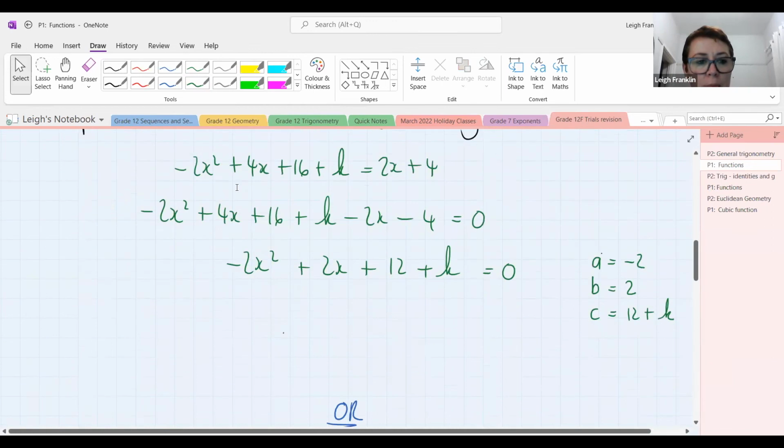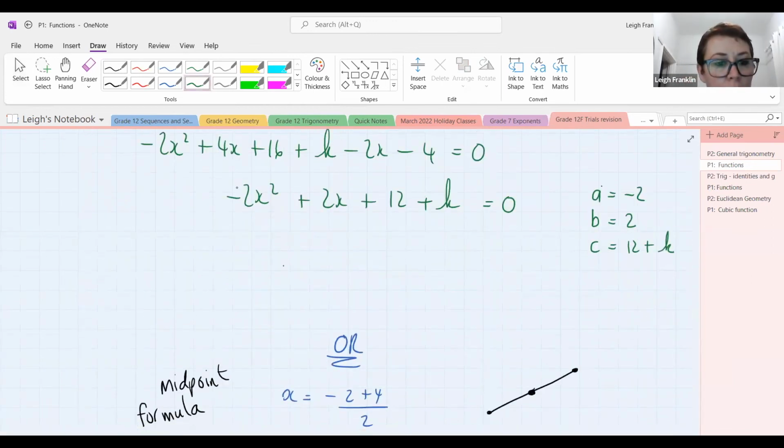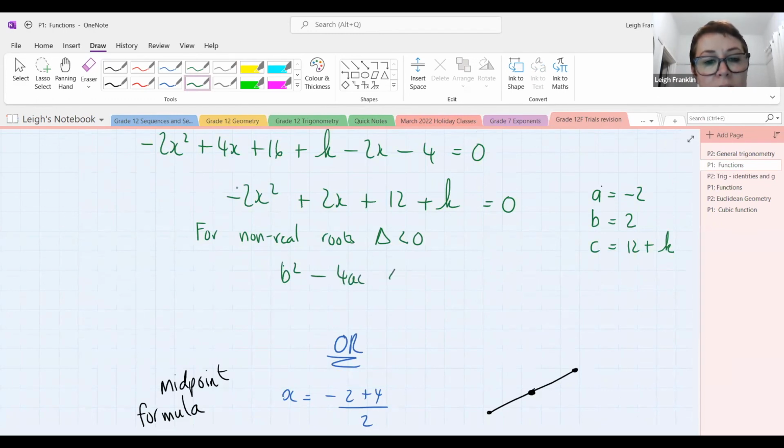Now for non-real roots, delta is smaller than 0. So that means b squared minus 4ac is smaller than 0.